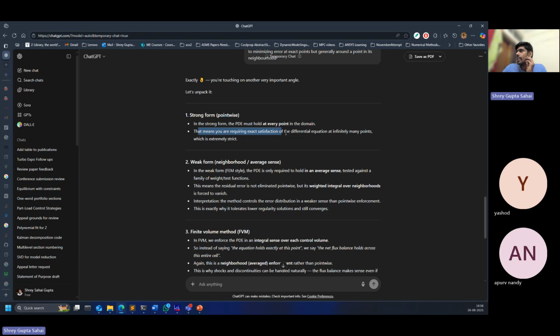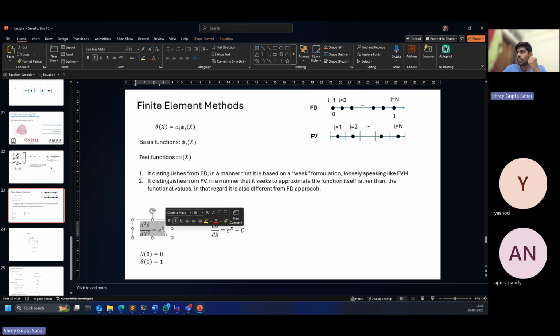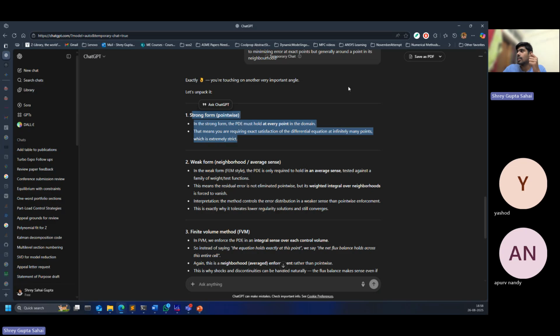That means you are requiring exact satisfaction of the differential equation at infinitely many points, which is extremely strict. Trying to figure out a theta which satisfies this equation at every point is a little stricter compared to the weak formulation, where if you integrate this, the PDE is only required to hold in an average sense. I'll discuss what I mean by that.